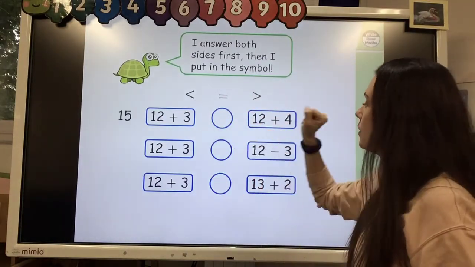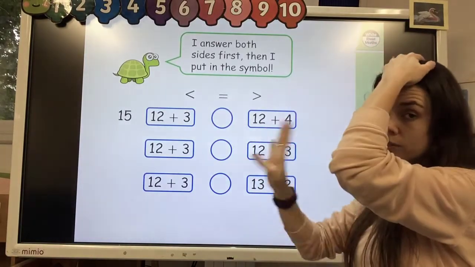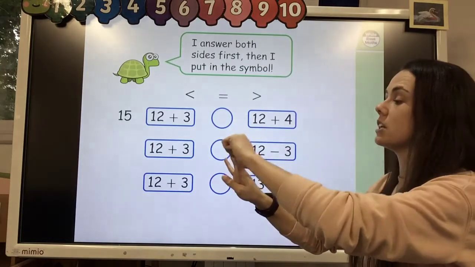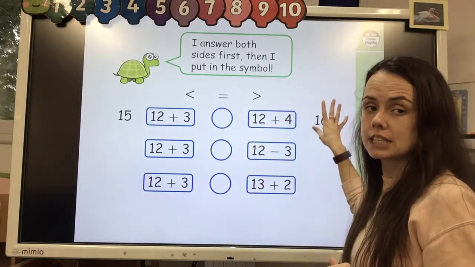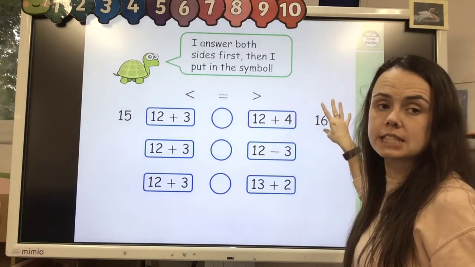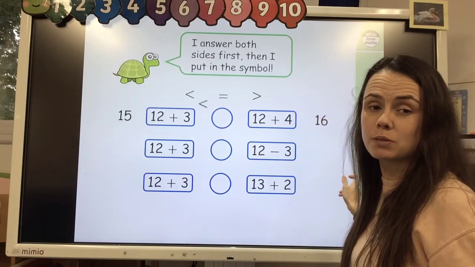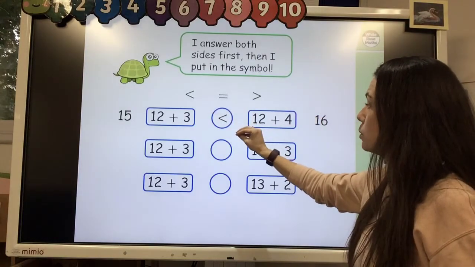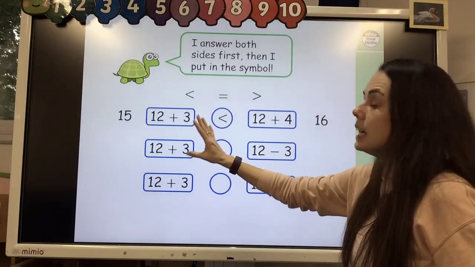Put 15 there. Now we've got 12 and 4. 12 in my head, 4 fingers. 12, 13, 14, 15, 16. 16 this side. Is 15 bigger or smaller than 16? It's smaller, isn't it? Well done. So we're going to put the smaller symbol here.